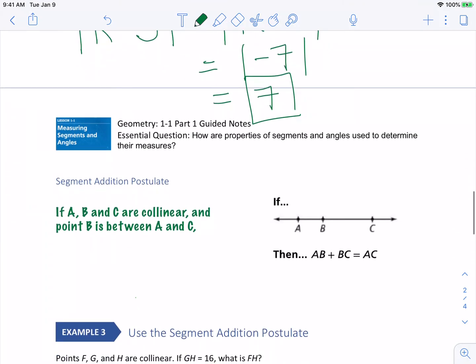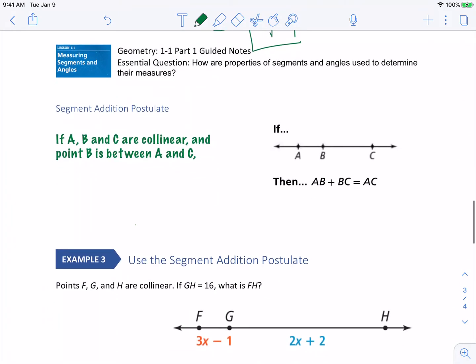Okay, for the last part, we can add pieces of the segment together to be the larger part. But there's something really important. If you're using segment addition, and this is the segment addition postulate, you have to have 3 points that are on the same line.